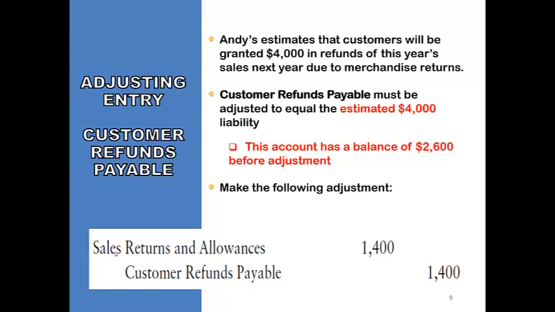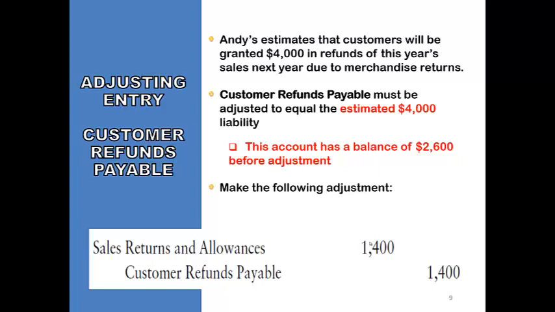And then we're going to increase sales returns and allowances, because remember, the matching principle says that we need to match cost in the year they were incurred. So the returns are resulting from sales from the current year, even though they'll be processed in the next year. So we're going to increase the sales returns and allowances account by $1,400.